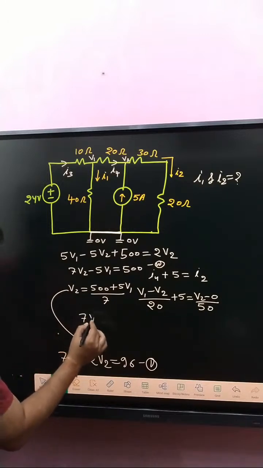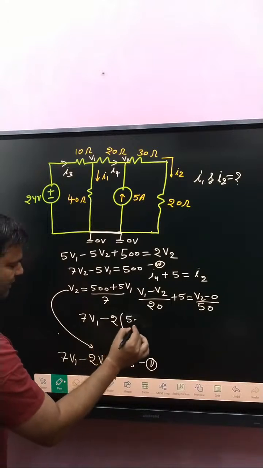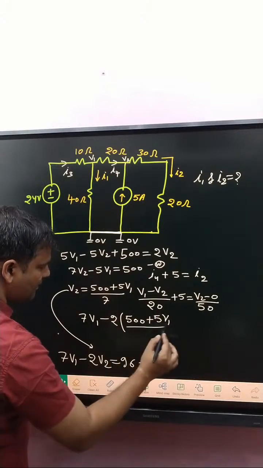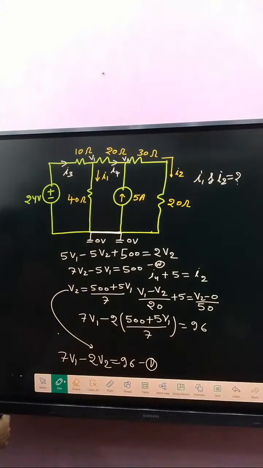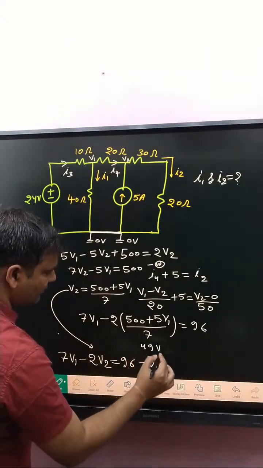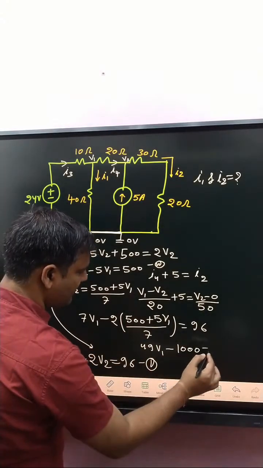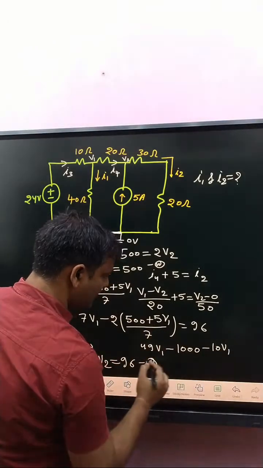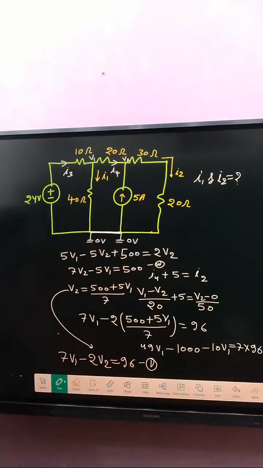Then we got 7V1 minus 2 into (500 plus 5V1) divided by 7, this will be equal to 96. Okay, after that we got 49V1 minus 2 into 500, that is 1000, minus 10V1, this will be equal to 7 into 96. Clear or not?